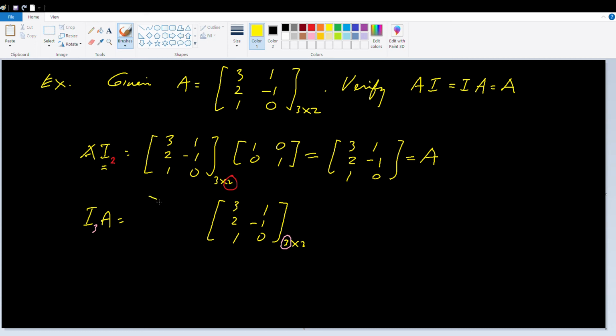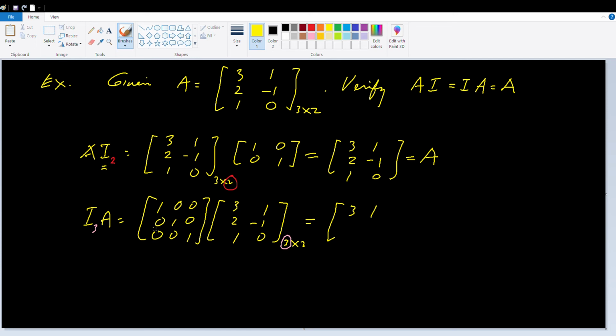So, 1, 0, 0, 0, 1, 0, 0, 0, 1. Multiplied together, 1, 0, 0 multiplied to 3, 2, 1, correspondingly will give us 3. 1, 0, 0 multiplied to 1, negative 1, 0 will give us 1.